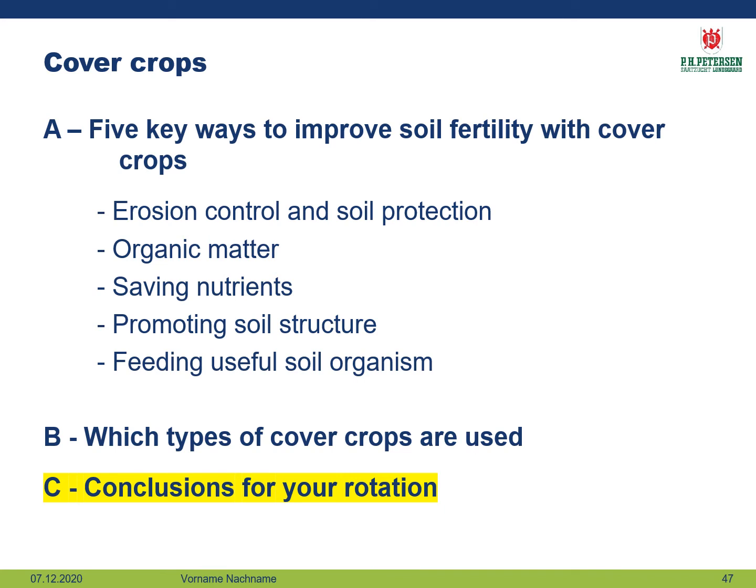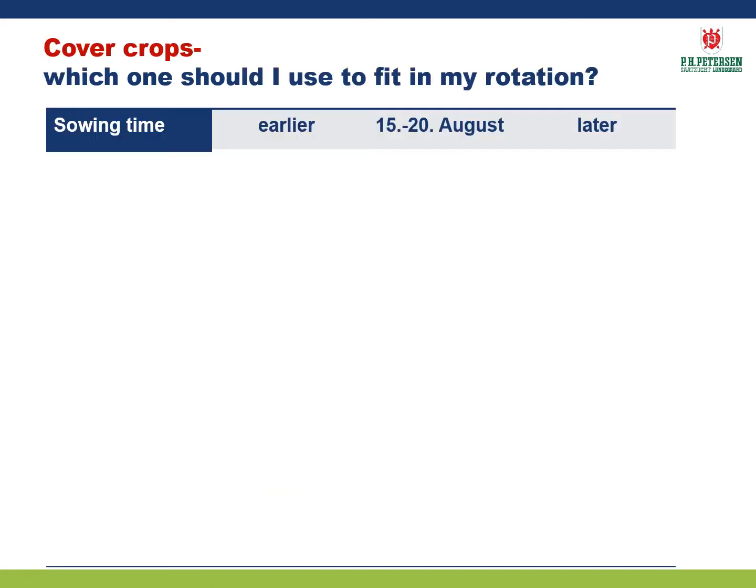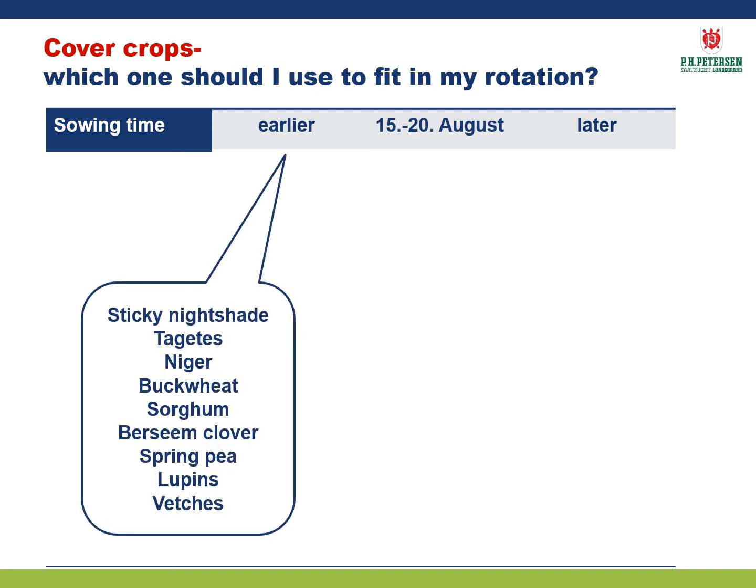So what are the conclusions for your rotation? We have the sowing time, and we say 15th to 20th of August in our region. It's a good sowing time for cover crop. There are some cover crops like sticky nightshade, tagetes, which have to be sown earlier to make a close covering of the soil.